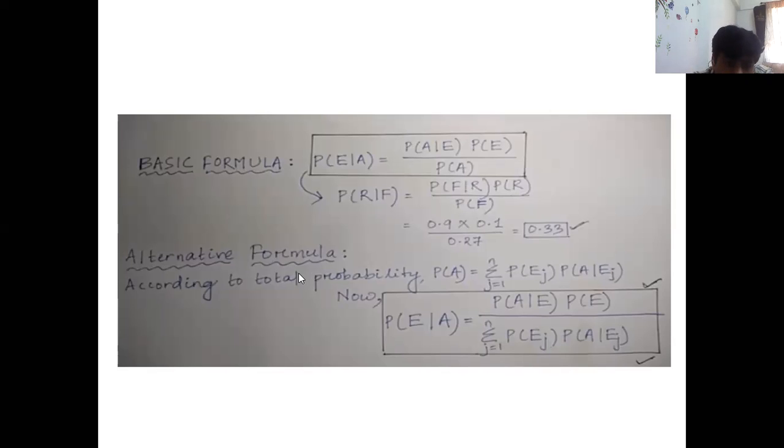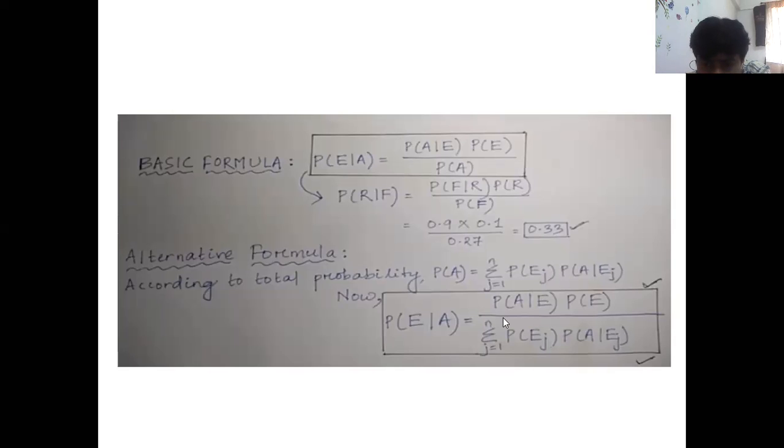Now the alternate formula, according to the total probability. What happens with respect to that A? A is not one event; A will be more than one event. So if this particular A is more than one event, then we use this formula, where Ej represents the events, j equal to 1 to n, for the number of events.